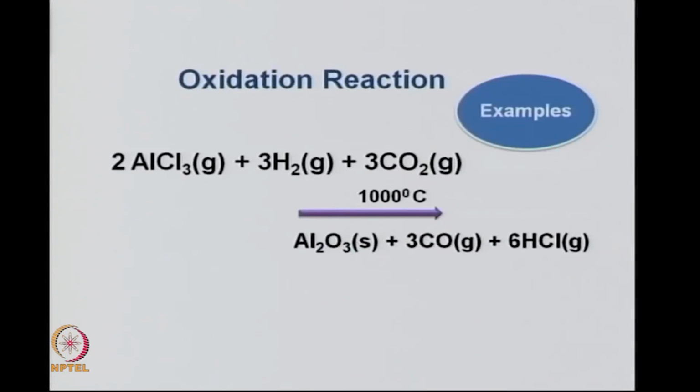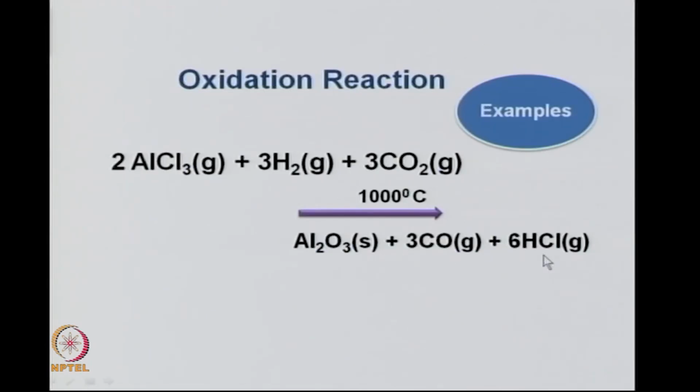This is the third example, where you are doing an oxidation reaction to prepare a film using the CVD technique, and the example here is aluminum trichloride. You are using hydrogen and carbon dioxide to oxidize aluminum chloride to aluminum oxide, and carbon monoxide and HCl gas are formed.